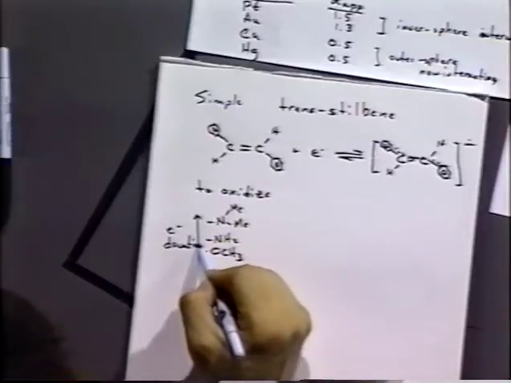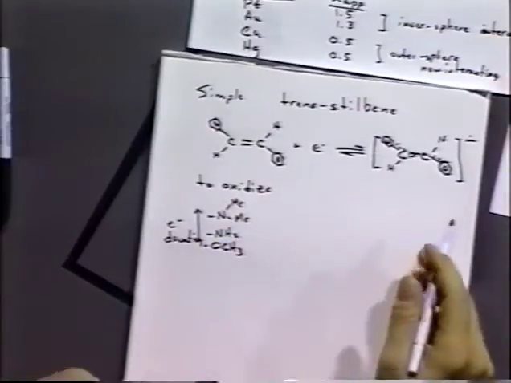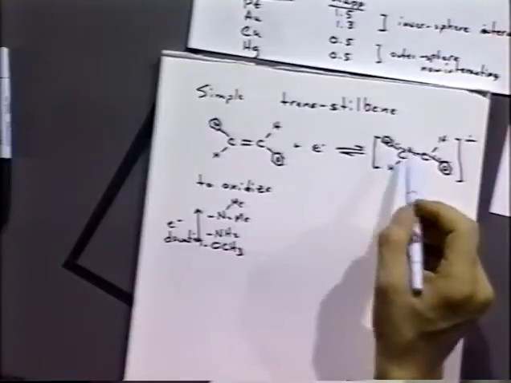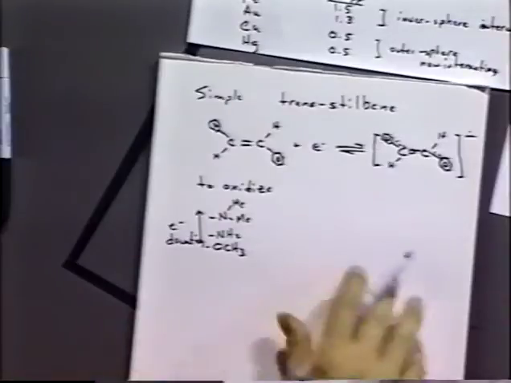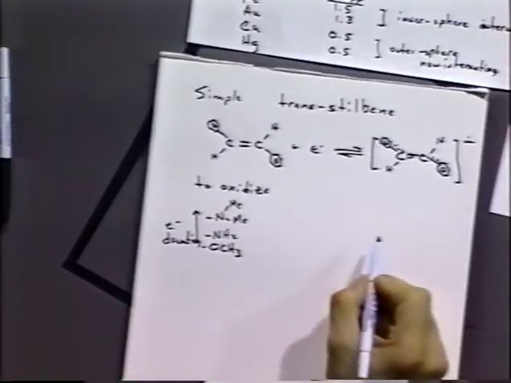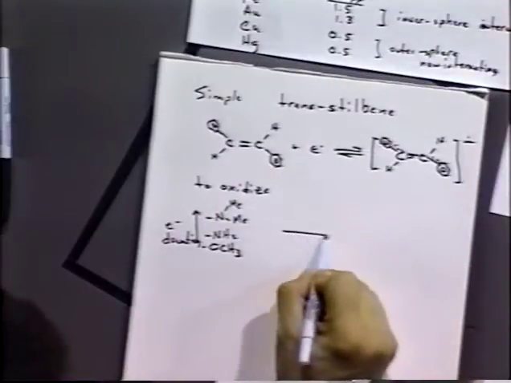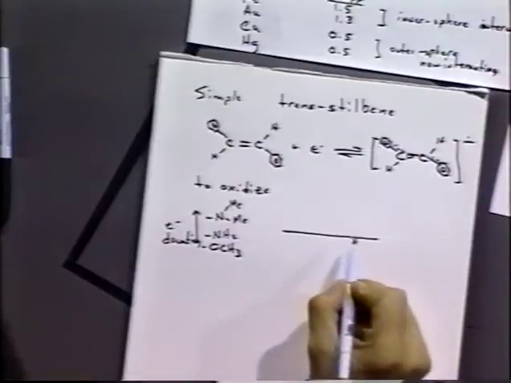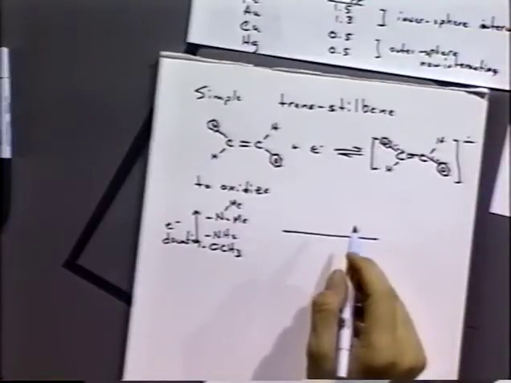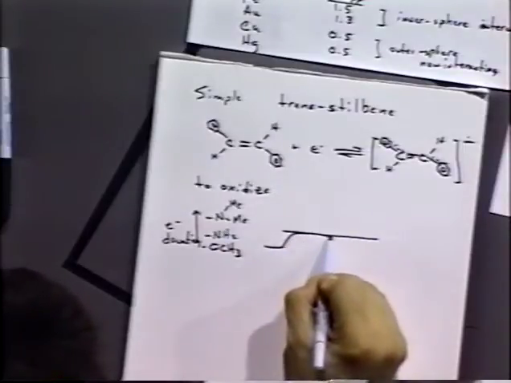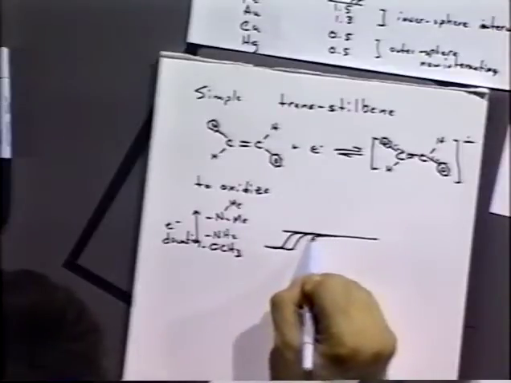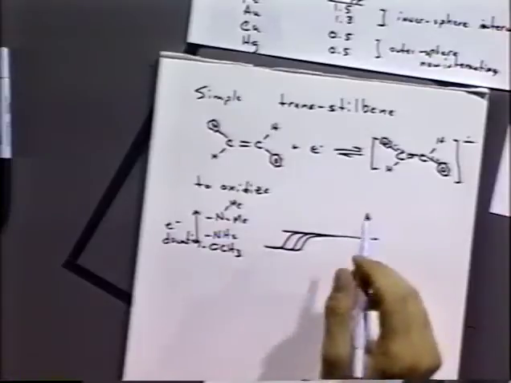And so we'd expect that by adding electron density to this system, by having these groups attached to the phenyl rings, we should make it easier to oxidize. And we can see changes in the waves for the oxidation potential in that particular case.